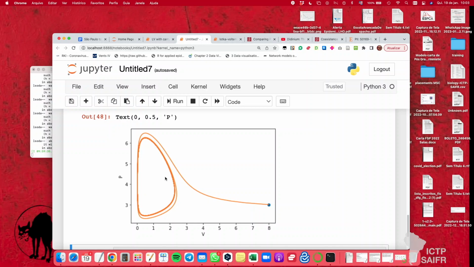So now another criticism that we had before to the Volterra equation was that everything cycles all the time, and there's no such thing as stable coexistence at fixed levels between predators and prey, which is something that we observe in nature.